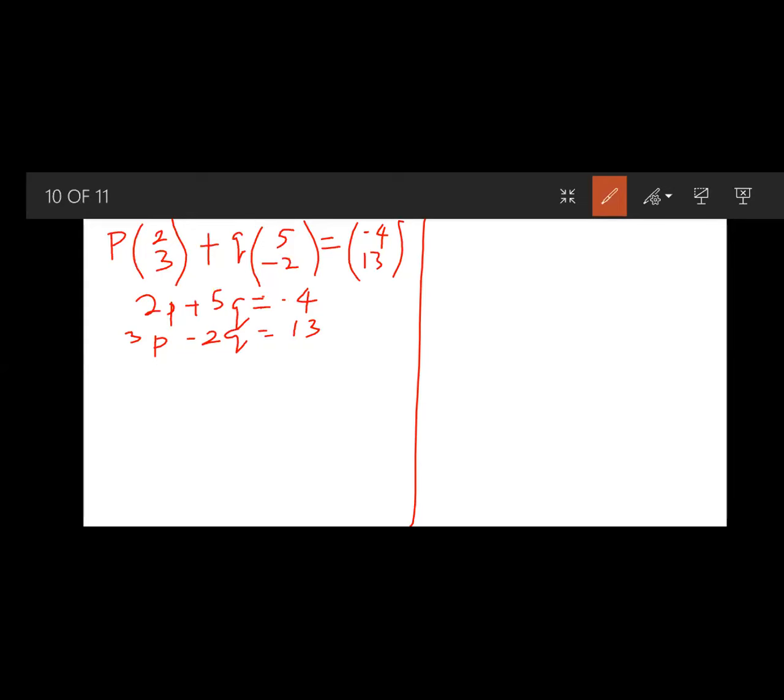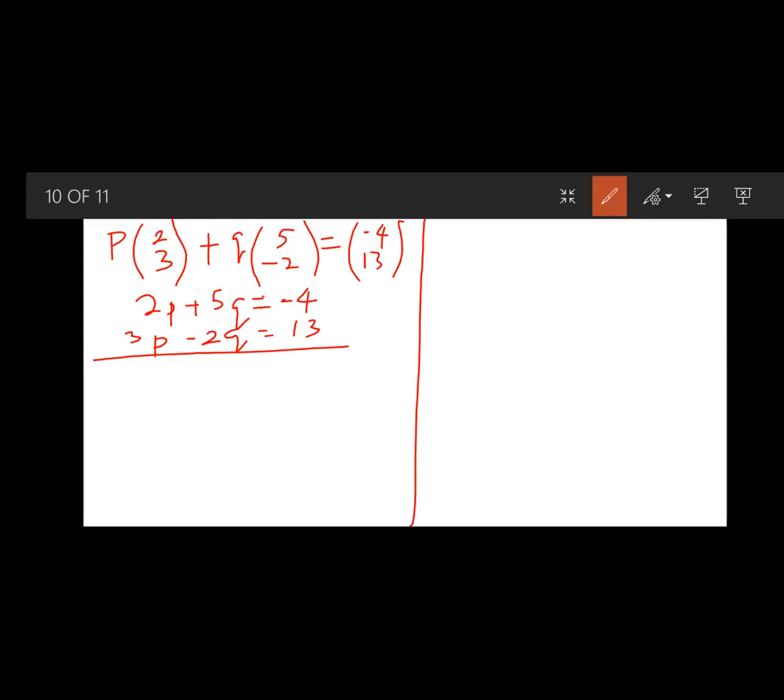So there's no one where you have just one variable that you can easily find the value of here. So you must use your simultaneous equation. If you are like me, I like elimination.